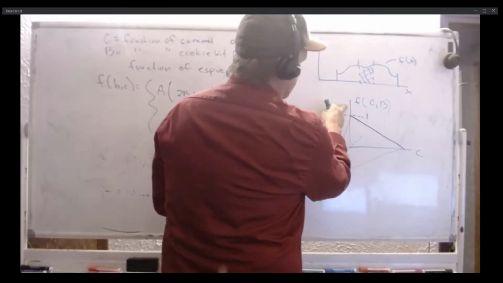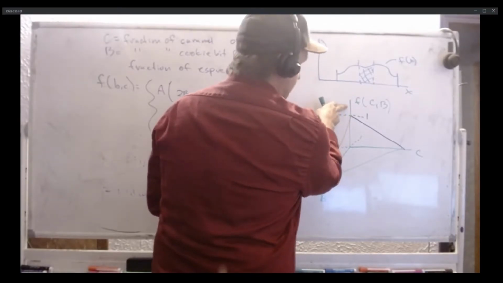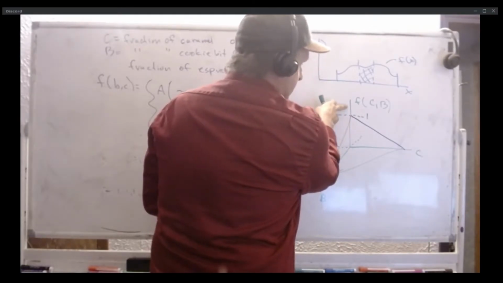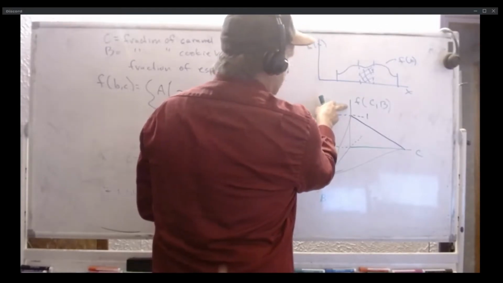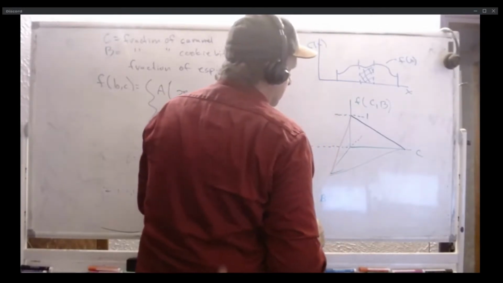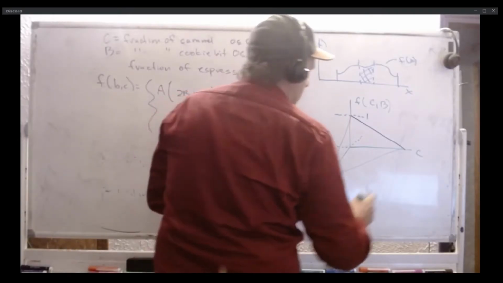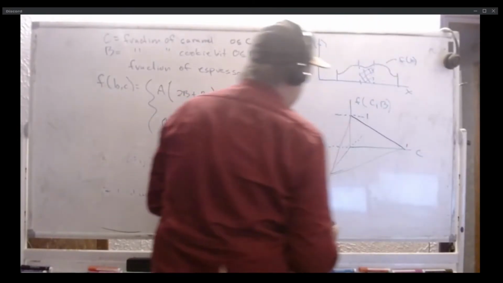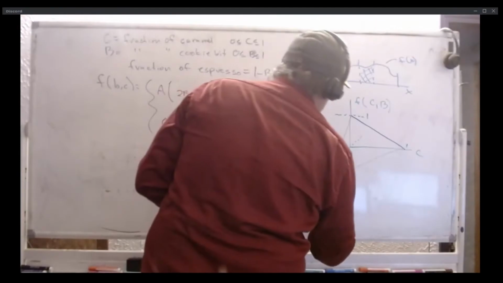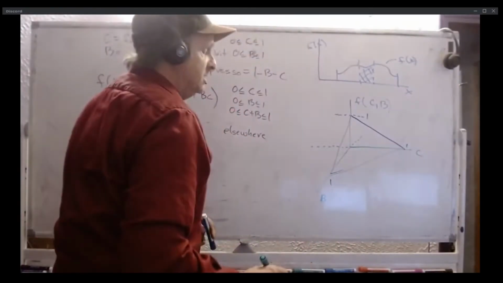You'd normally call this the z-axis, wouldn't you? It depends on which way it's rotated. True. That's fair. And over here, this is going to be 1, right? Because the maximum value of C is going to be 1. Down here, the maximum value of B is going to be 1.